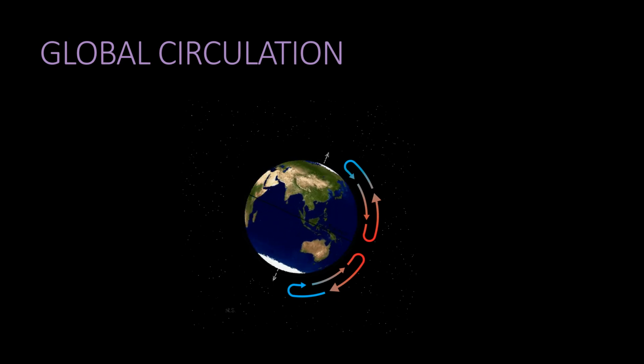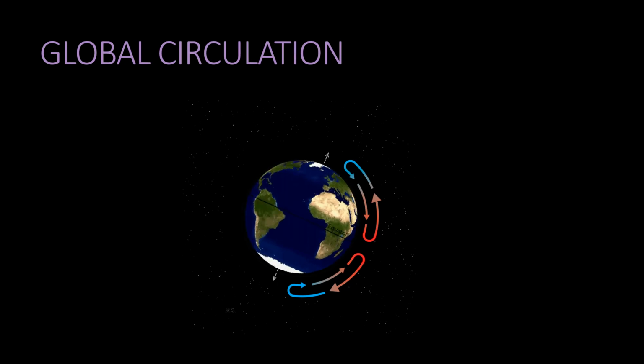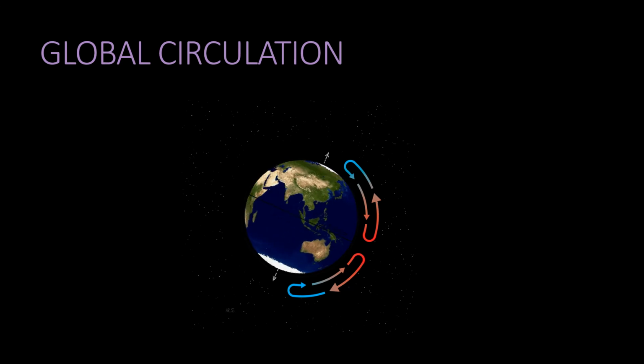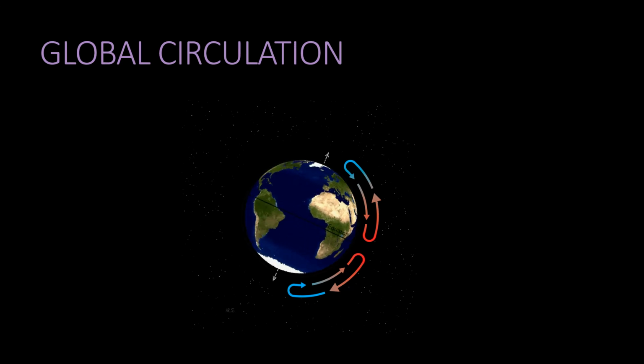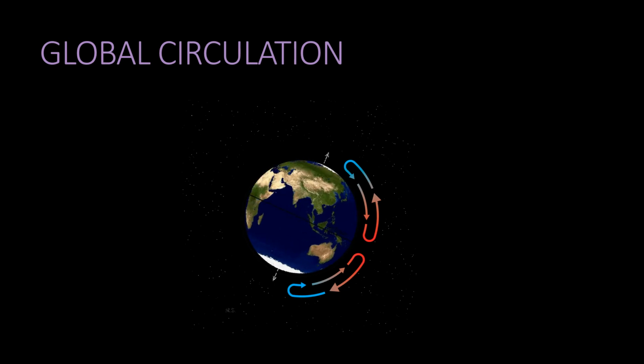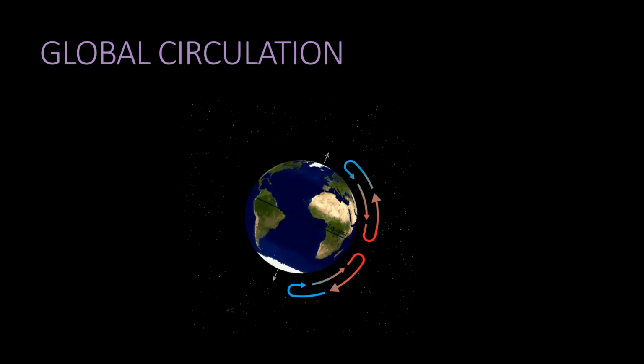The air would sink as it cools and then return towards the equator. But the unequal distribution of land and ocean and the speed of the Earth's rotation make this circulatory system a little more complicated.